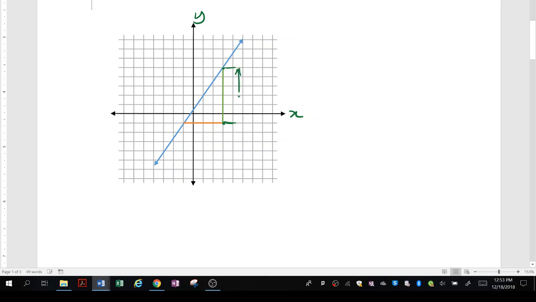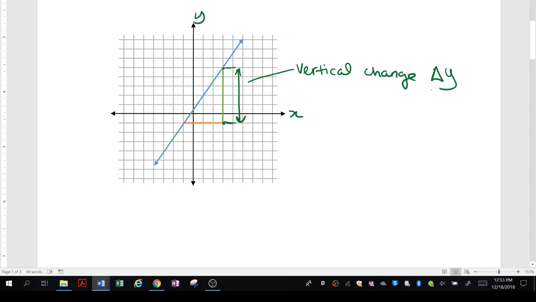So this distance here is the vertical change, and this is sometimes referred to as delta y. Delta means the change in.